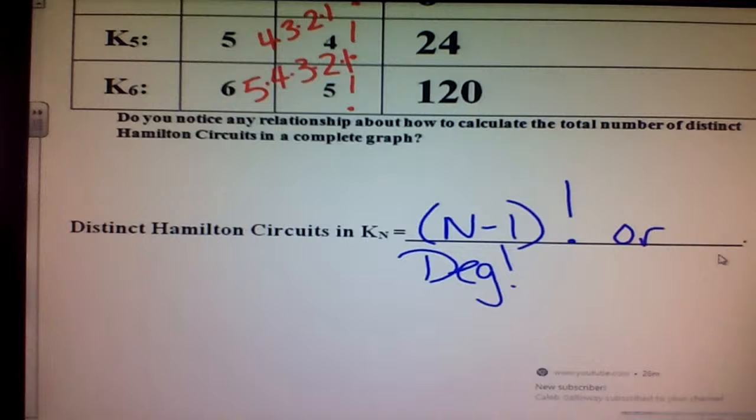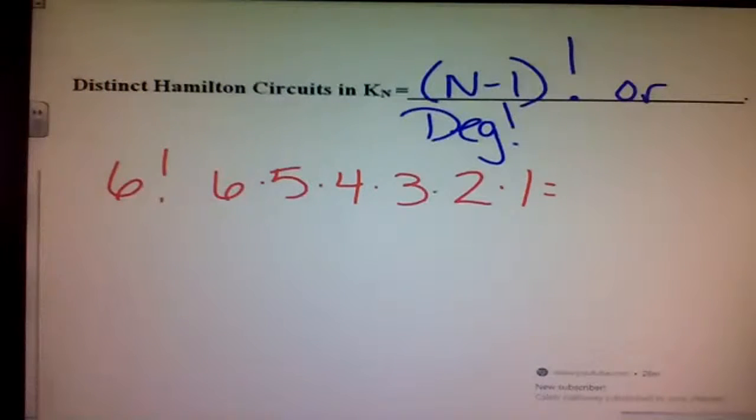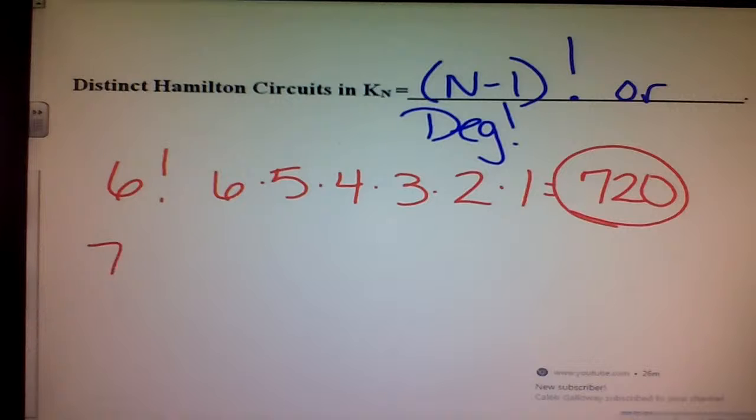So if I give you 720, we go backwards, and instead of multiplying, I'm now going to divide. Well, if I divide by 1, it's not going to change it.